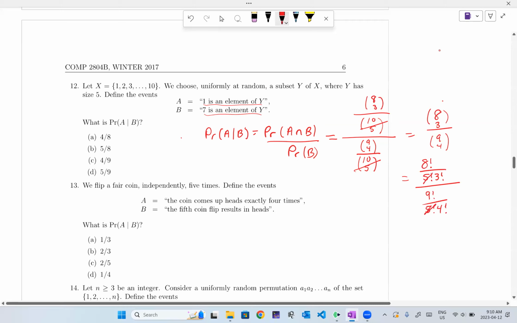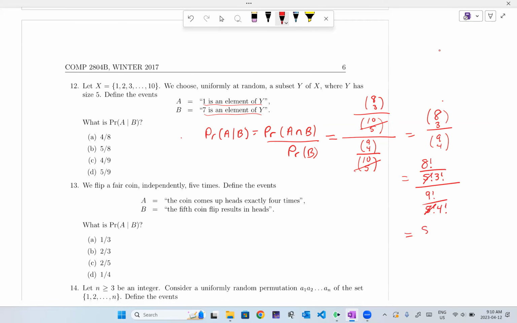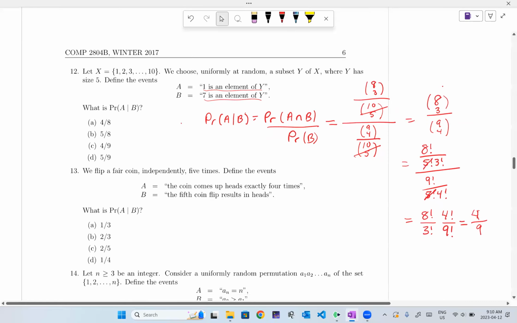And then I'm going to invert and multiply, 8 factorial over 3 factorial times 4 factorial over 9 factorial. The 3 factorial will cancel out with all except the 4, and the 8 factorial will cancel out with all except the 9. So I'll have 4/9.